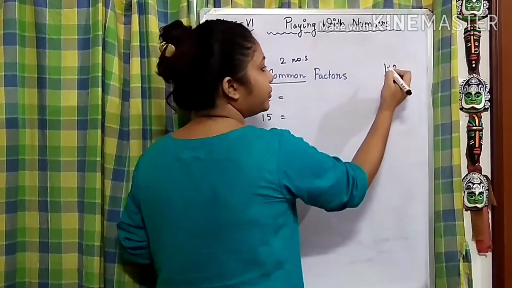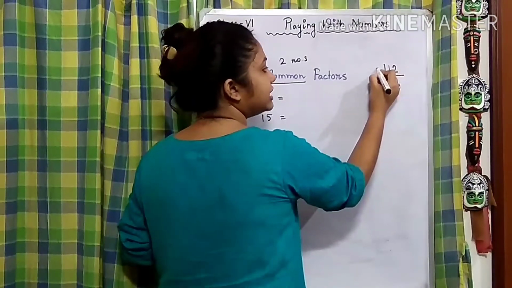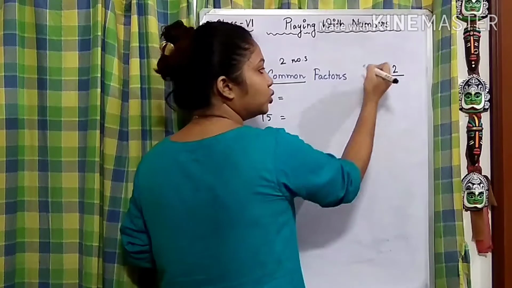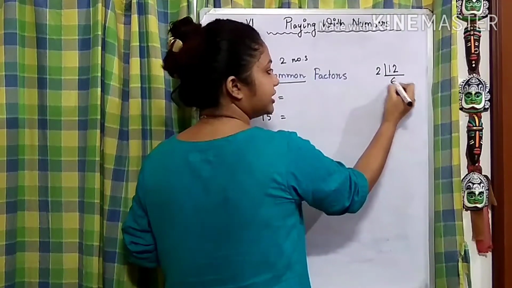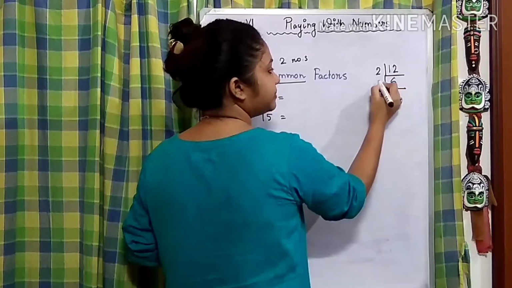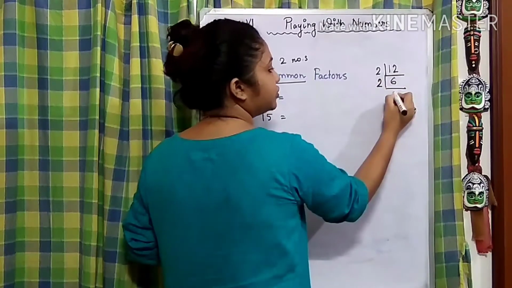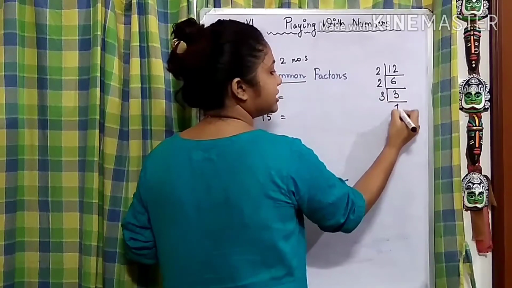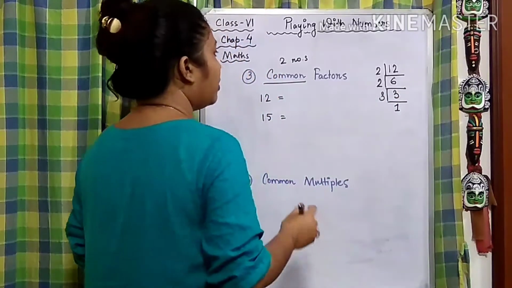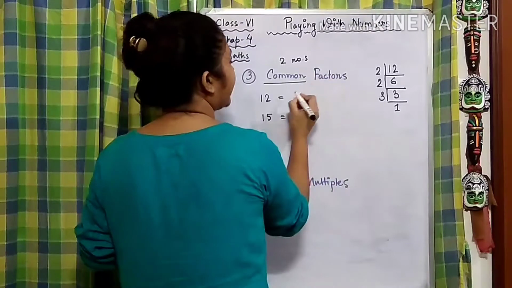First, 2 sixes are 12. Now I am writing this result out here. Once again, 2 threes are 6. Now 3 is divided by 3, 1 threes are 3. Got it?